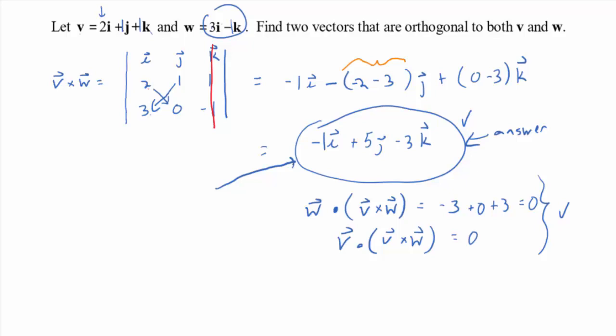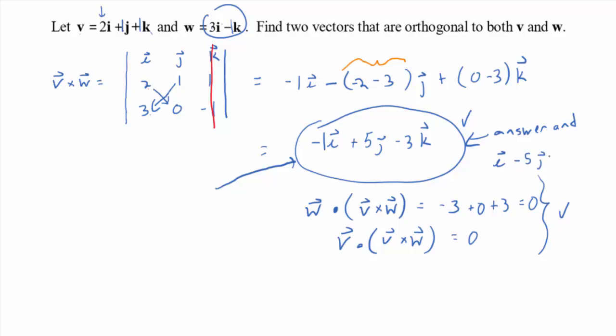So, well, okay, if we come up with a vector that's parallel to v cross w, since v cross w is perpendicular to v and w, won't the parallel vector also be perpendicular to v and w? Yeah. So it's real quick. So another answer would be, maybe you could multiply by any constant other than 1, but maybe multiply by -1, what do we get?